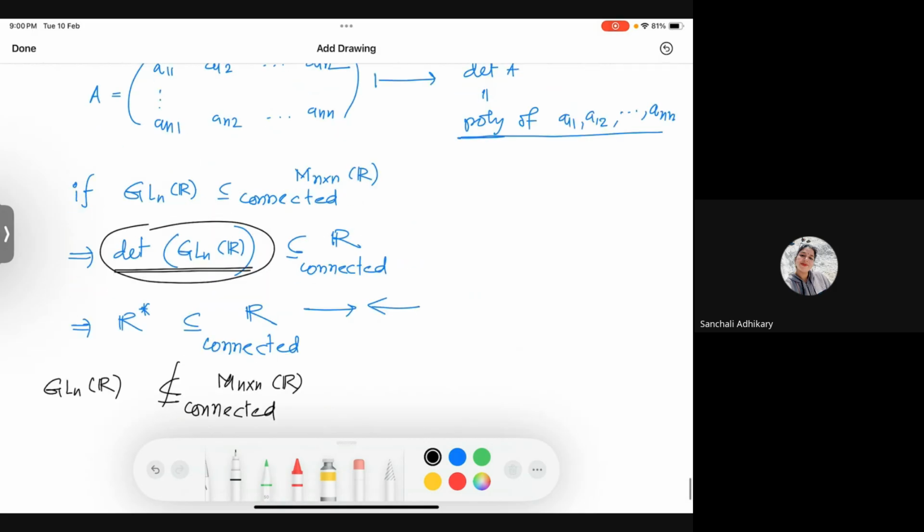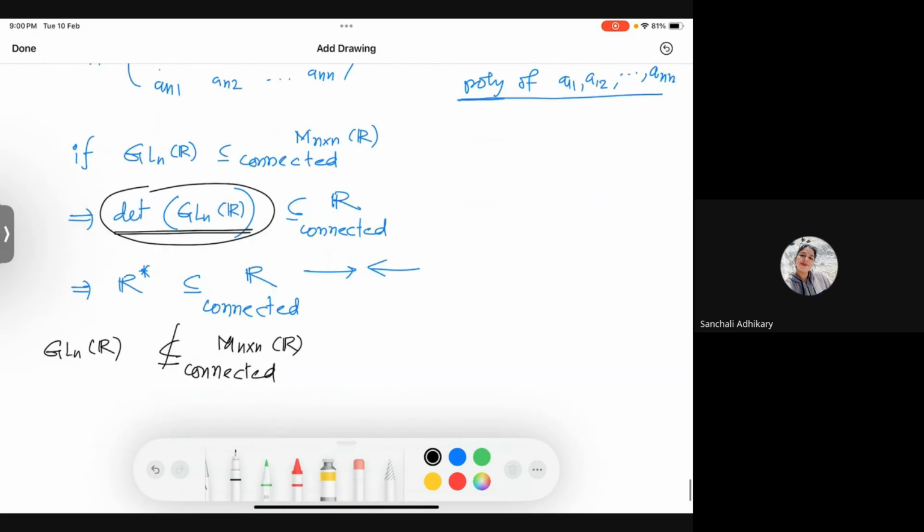If you take f as the determinant and A as GLnR, then f of A is R star. This is very easy because every non-zero element has a preimage in GLnR, so this is very obvious. Is it fine, everyone?